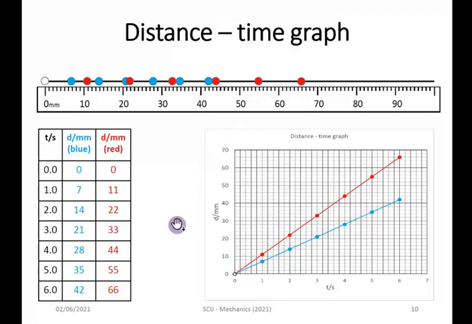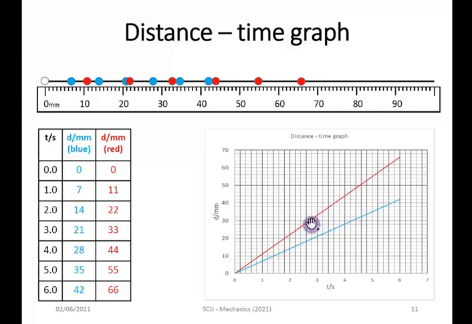Alright. So there are a few things we would like to draw your attention to. The motion graph here, you can simply do it without putting the dots there. So here we are. This one represents the motion of the red particle, and this one represents the motion of the blue particle.